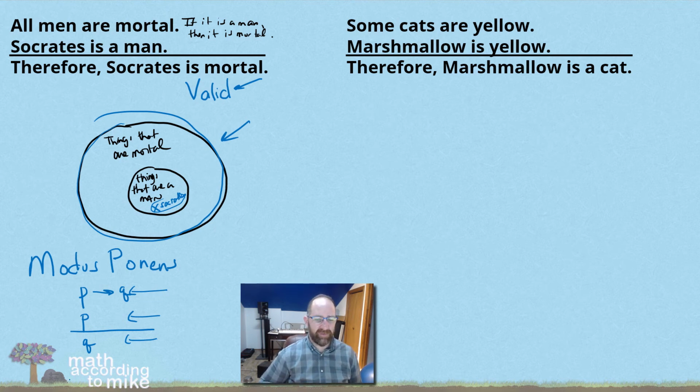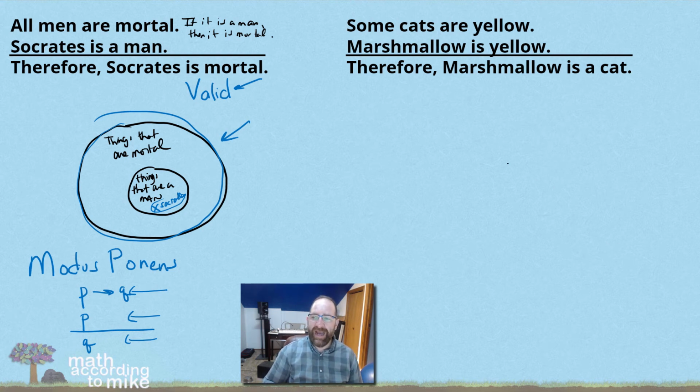Now let's look at the next one over here. Some cats are yellow. Marshmallow is yellow. Therefore, marshmallow is a cat. All right. The thing with the word some is may or may not be.